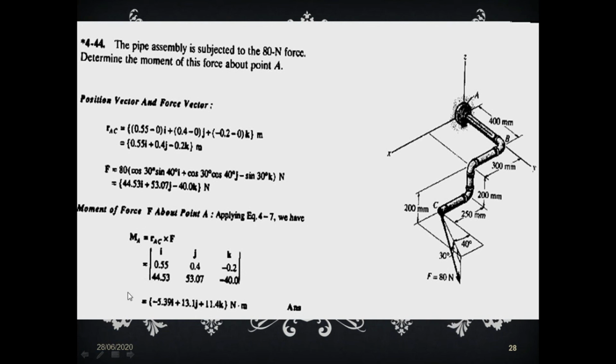F will still be the same, since the magnitude is 80 Newton and the angles are the same, so we put in the values exactly like this and solve the determinant to get MB equals RBC cross F.